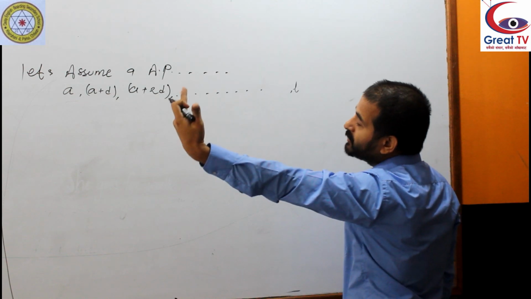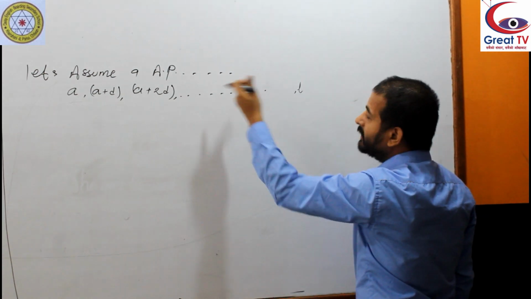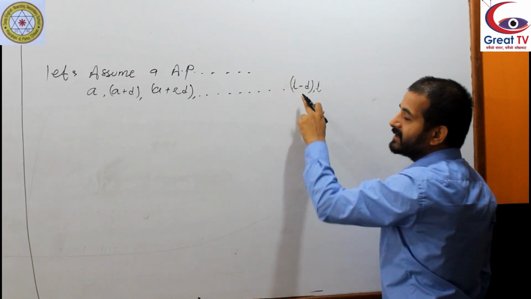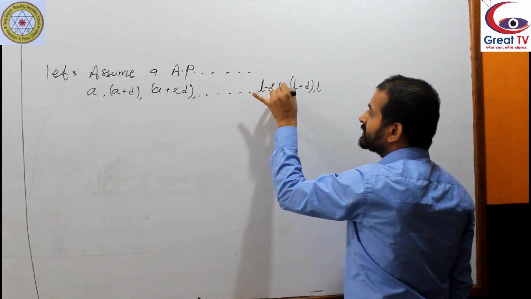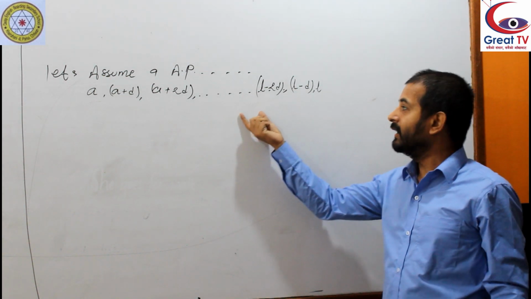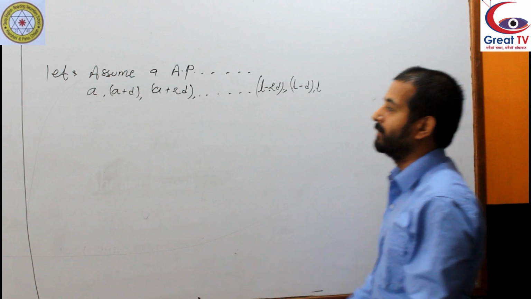Now if you go back one step, then the last term minus d is the second last term, and again the last term minus 2d is the third last term. In this way we can assume our arithmetic progression in a general form.